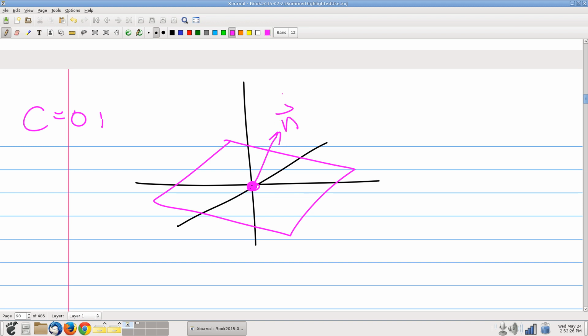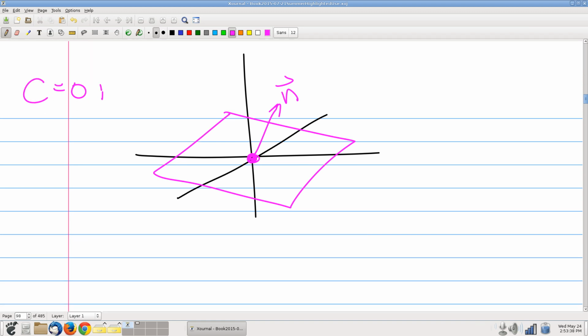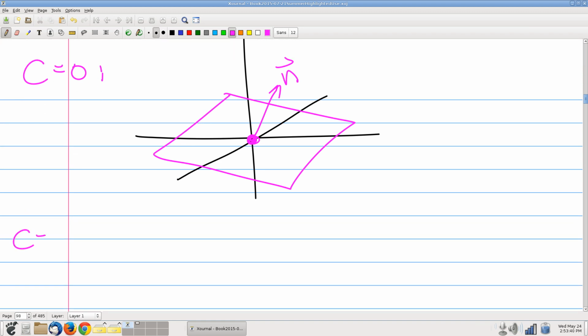Now, what happens in general? Here's a convenient way to think about it. For the general case, we have x plus 2y plus 3z equals c.